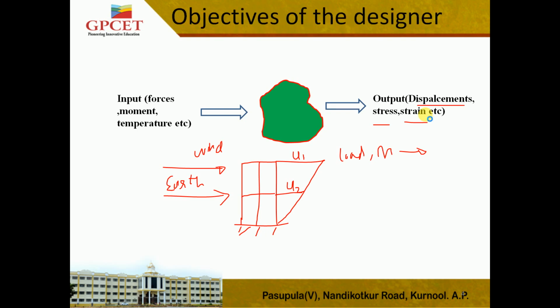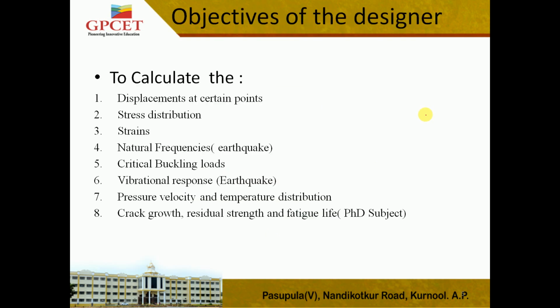Coming to the objectives of the designer, whatever I have discussed: to calculate the displacement at certain points. In traditional methods we can find only the displacement as a whole, but in the finite element method we can find the displacement at every portion. Let us say this is a slab.